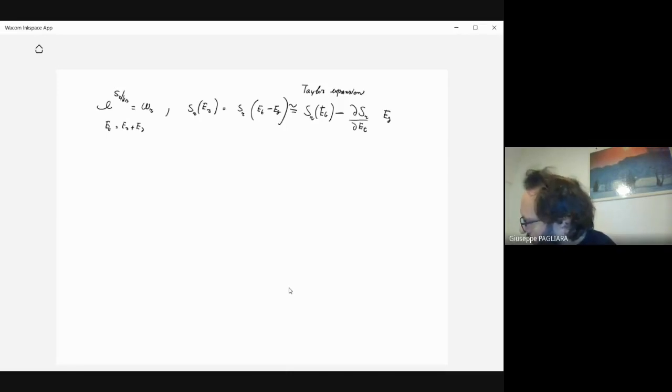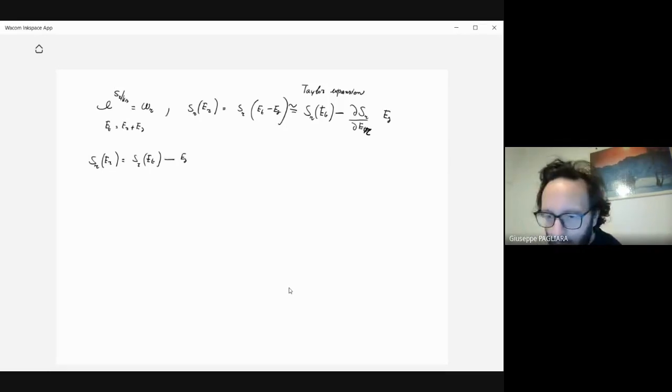Actually, with respect to its argument, so this will be ER, times the perturbation. So the SR of ER is equal to SR computed at the energy ET minus ES times the derivative of S with respect to ER, which is 1 divided by KBT.